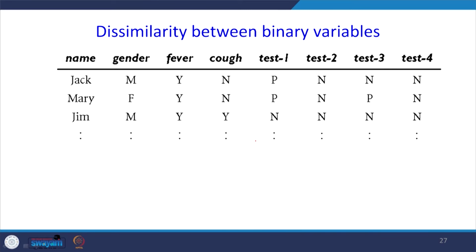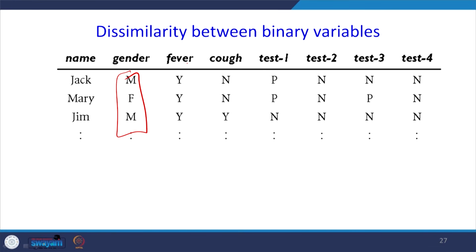Now, let us take an example. We will find out how to compute the dissimilarity matrix for asymmetric binary variables. This table shows the names Jack, Mary, Jim, and there is a gender. Here gender is a symmetric binary variable, so we are not going to consider it, because that is a different test. Fever, cough, test 1, test 2, test 3, test 4 are asymmetric variables, because the presence of 1 is more important.